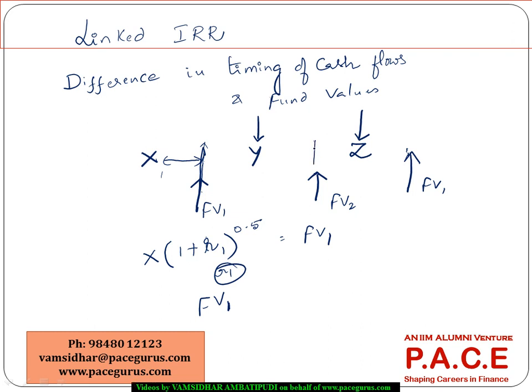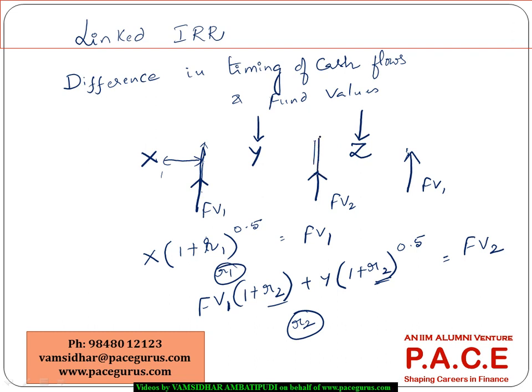If I am reinvesting fund value 1 for the R2 period, and probably Y I am reinvesting at R2 for a 0.5 period, it is becoming equal to fund value 2. So from this I can compute R2.